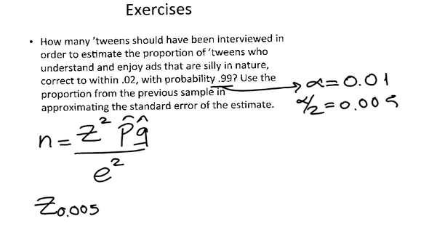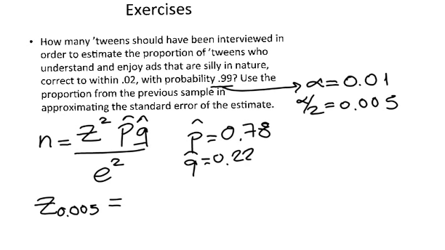So we need this value. We can use the proportion of the example that was 0.78 and Q was 0.22. And we have the error here that is 0.02. And now, well, we just apply the formula.